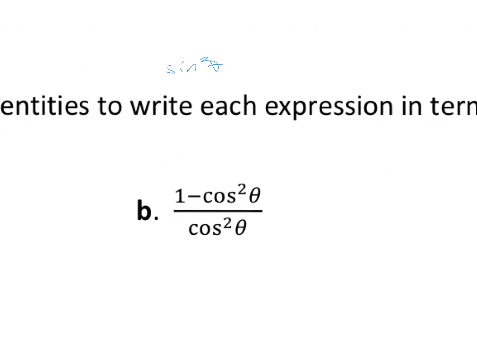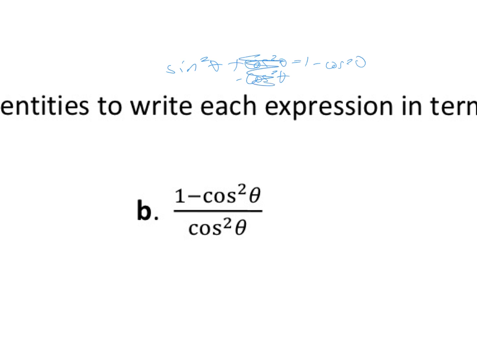Sine squared plus cosine squared equals 1, correct? Can I rewrite this so somehow it says 1 minus cosine squared? What would I have to do? I'd have to move the cosine. If I subtracted cosine squared from both sides, do you guys agree that 1 minus cosine squared is the same as sine squared?